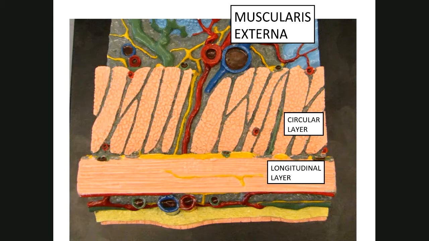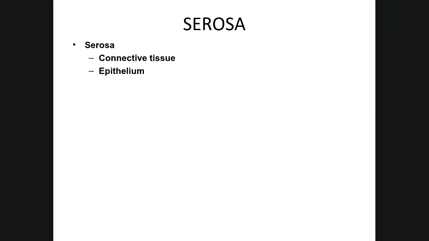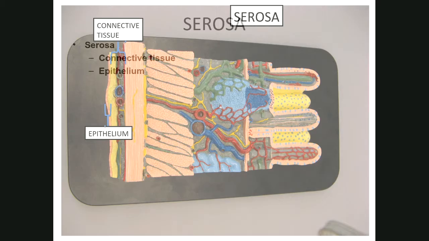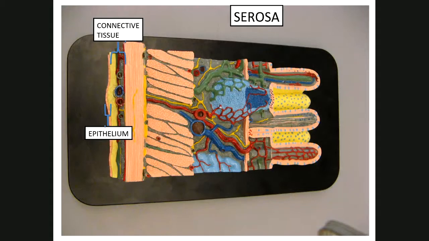Again, here are these two layers. Here's the longitudinal layer, here's the circular layer. And then we have the serosa. The serosa is this outer part right here, which is very thin. But look, I can see sublayers in here.